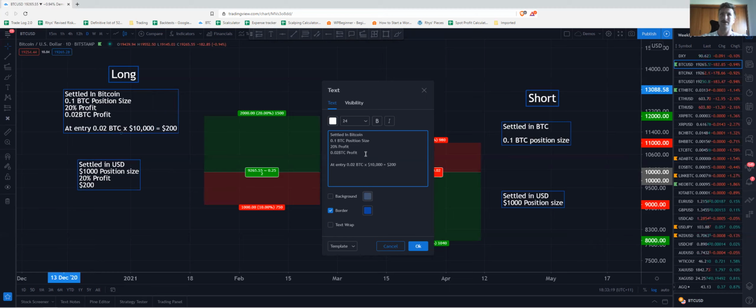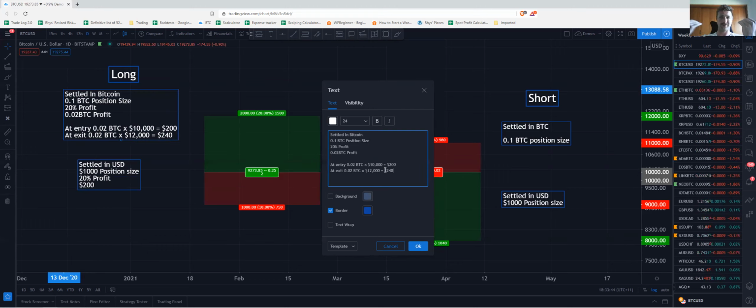But at the exit, price is pushed up to $12,000. So that 0.02 BTC times $12,000 actually gives us a USD profit of $240. So while you've made 0.02 BTC profit, that 0.02 BTC profit has actually increased in value as well. So you've sort of compounded your gains, right?